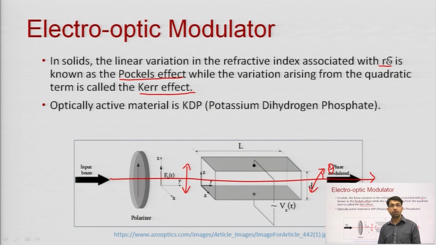So, we can modulate, if we have an electrical signal, a message signal, for example this voltage, and if we apply that signal across this crystal, and pass a plane polarized light ray, then the rotation of the plane of polarization will depend on this message signal.